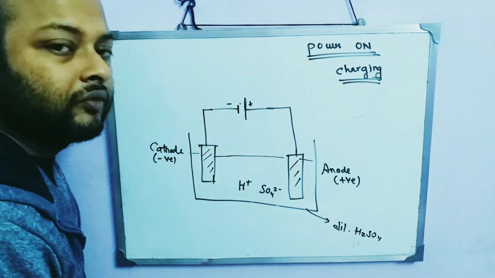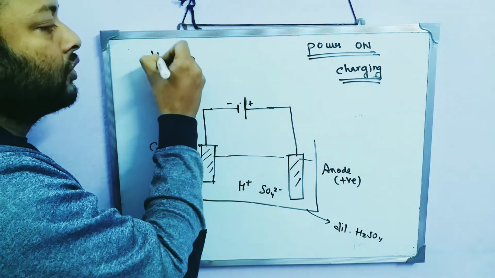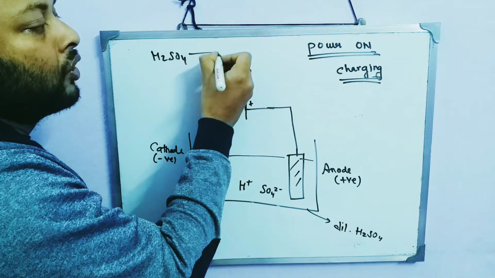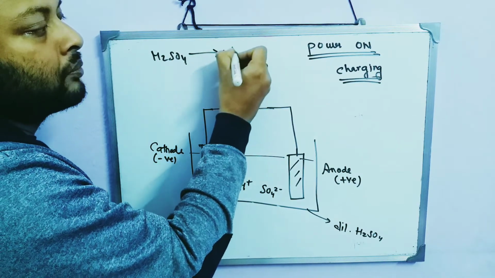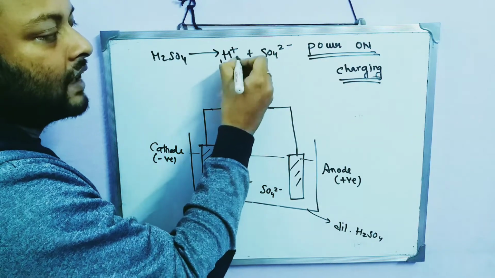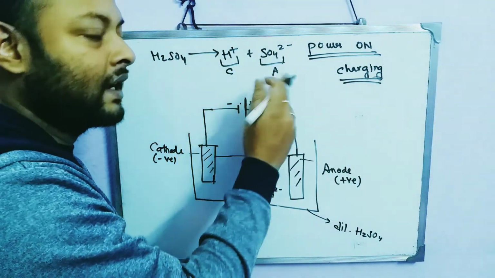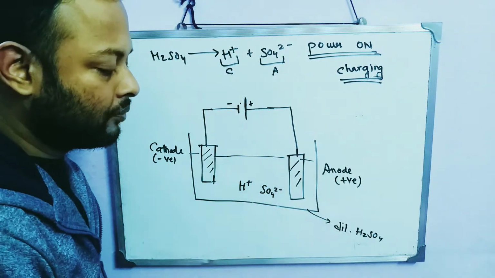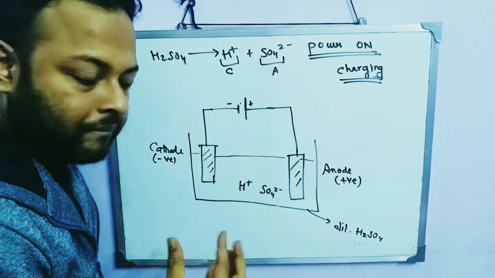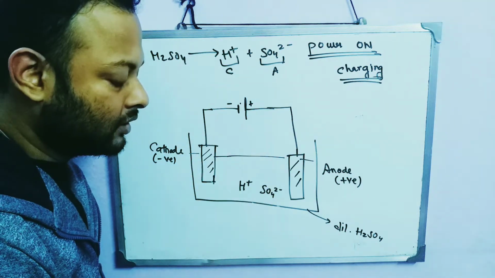If you have put dilute sulfuric acid, H2SO4 will break into H plus and SO4 2 minus ions. So this is the cation and this is the anion, and this is the cathode, this is the anode. Now this is relevant when the battery is in charging condition.